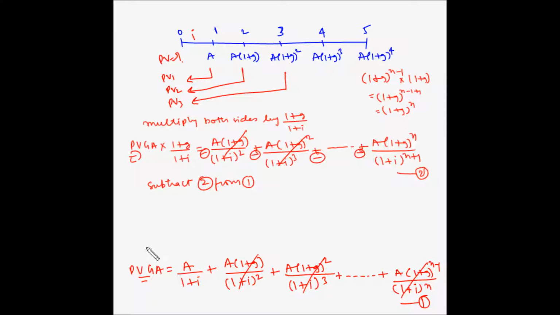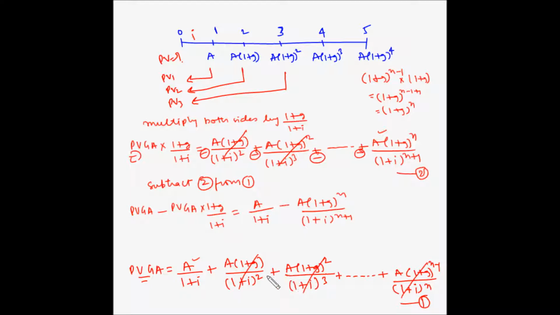So then we'll get present value of a growing annuity minus present value of a growing annuity into 1 plus g divided by 1 plus i is equal to this term here, A divided by 1 plus i, minus this term here. Everything else is cancelled. So A into 1 plus g to the power n divided by 1 plus i to the power n plus 1.